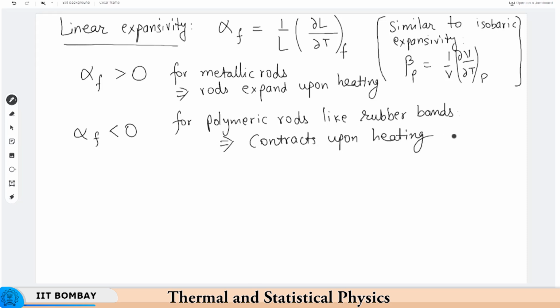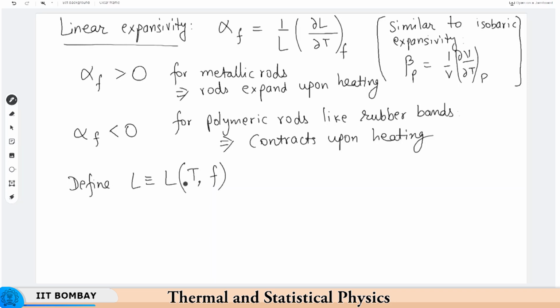Essentially, what we will do next is apply the laws of thermodynamics to this system and calculate various quantities like entropy, heat release and so on. So, let us start. The quantity that we are interested in is the length of the rod. So, let us define the length function, which is a function of temperature as well as force. The length of the rod can change by applying a certain force or heating it up or cooling it down.